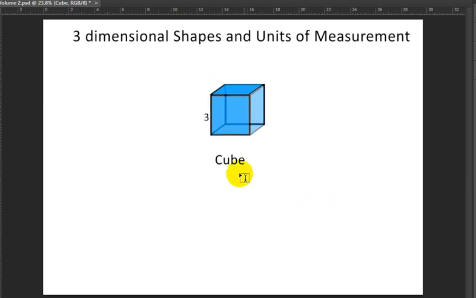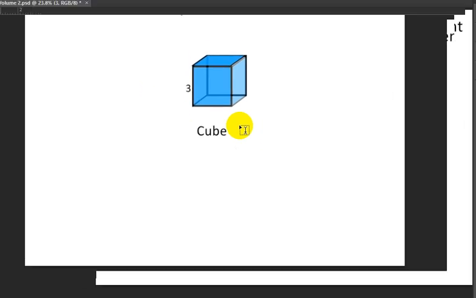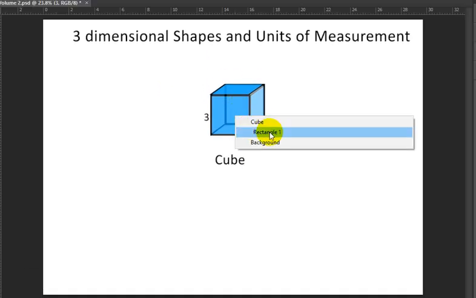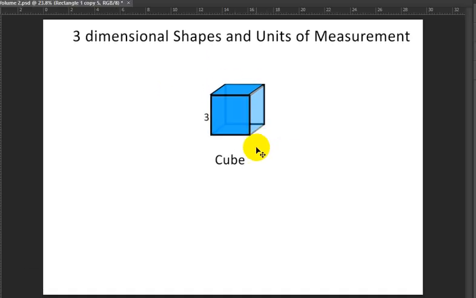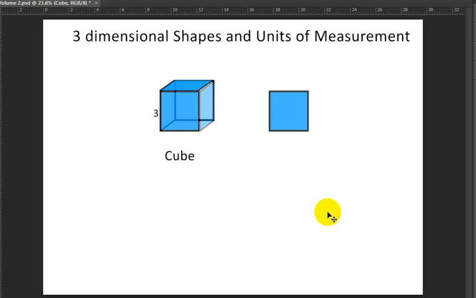All right, so I'm first going to remind you about the units of measurement that we use in measuring surface.